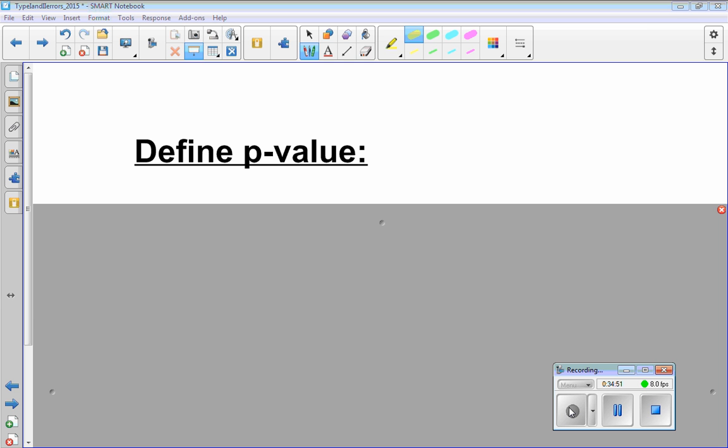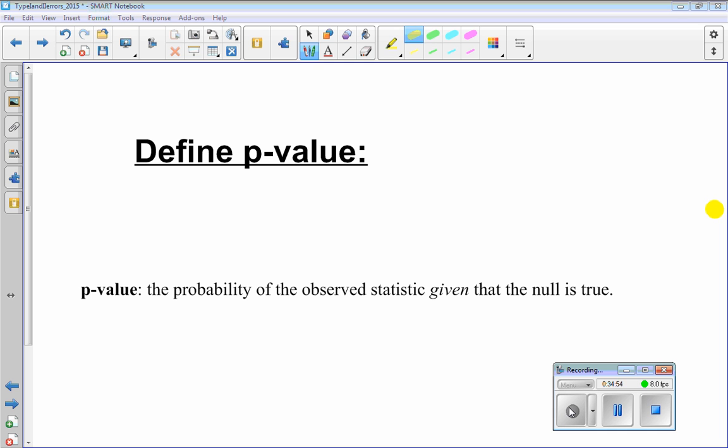One way to define a p-value is the probability of the observed statistic, what we collected, given that we're saying the null hypothesis is true. It's a different way to interpret a p-value. It's a probability that our sample happened, assuming that our null hypothesis is a true statement.